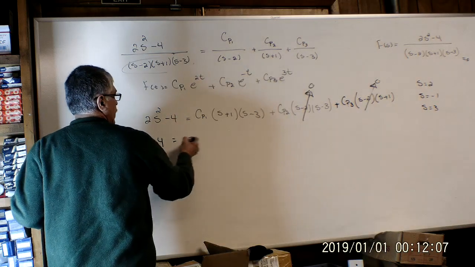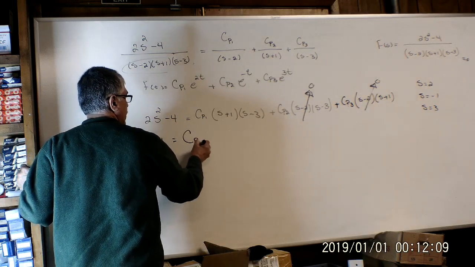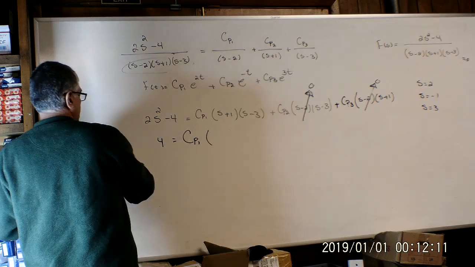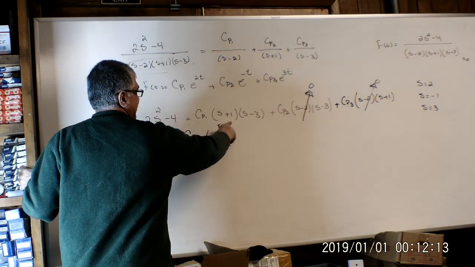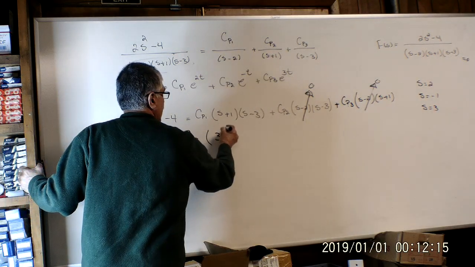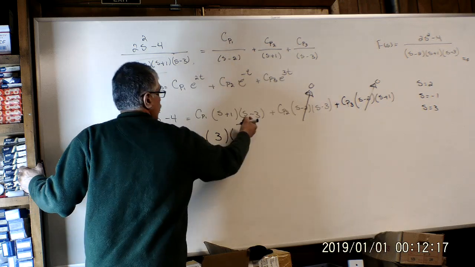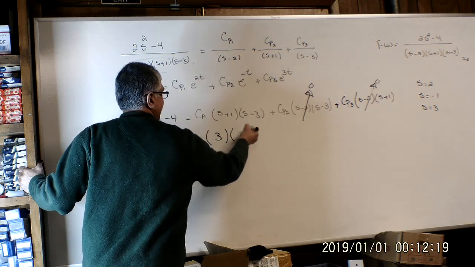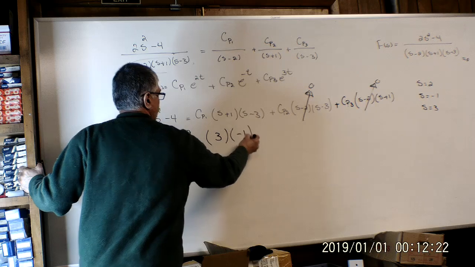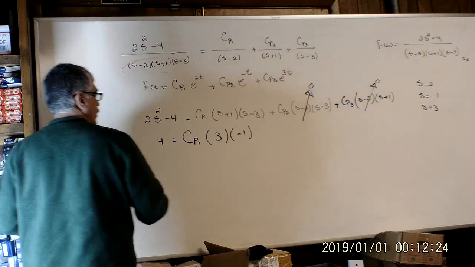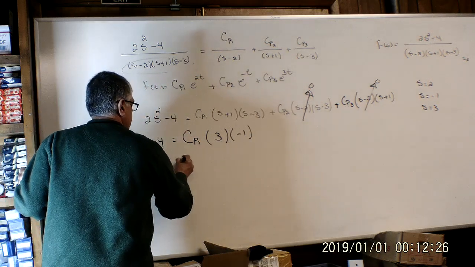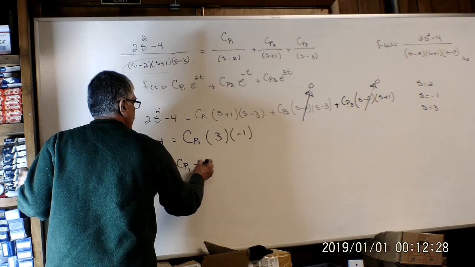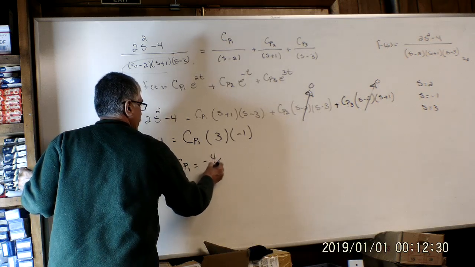So 4 is equal to cp1 multiplied by 2 plus 1, which is 3, times 2 minus 3, which is minus 1. So our cp1 will be equal to minus 4 divided by 3.